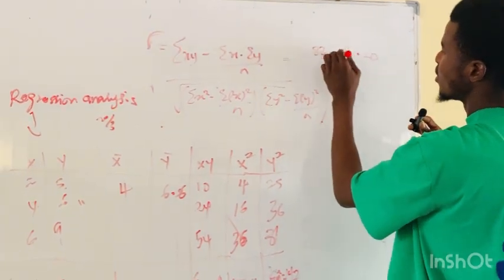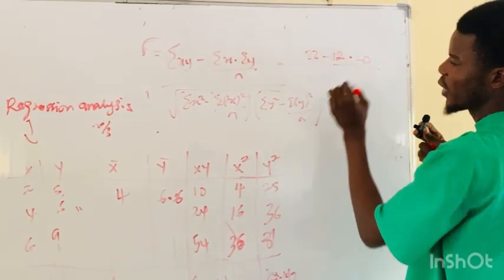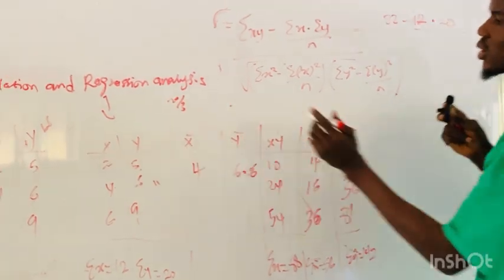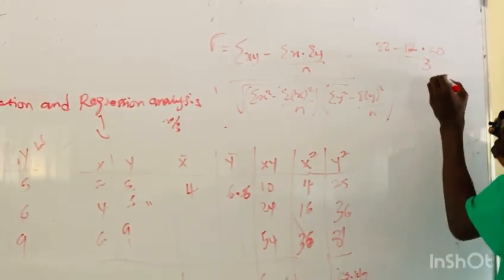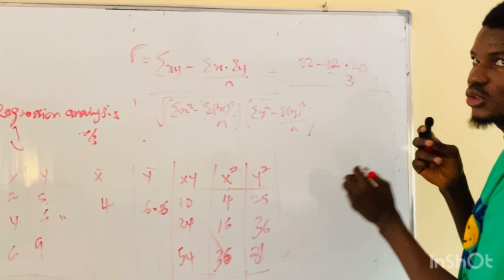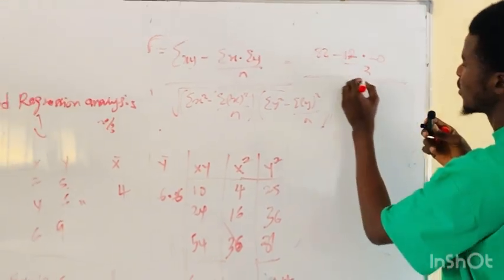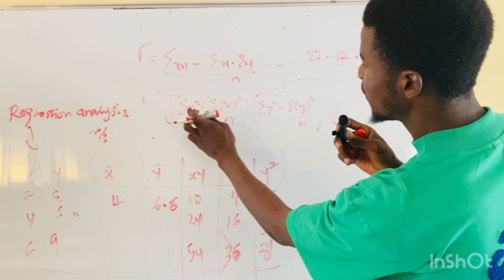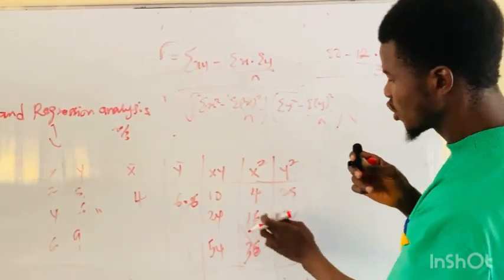Then divided by, what's our n? N means total number of the population, in which our n is 3. Then all divided. So from there we have square root of. So we are going to have summation of x square. Where's our summation of x square?